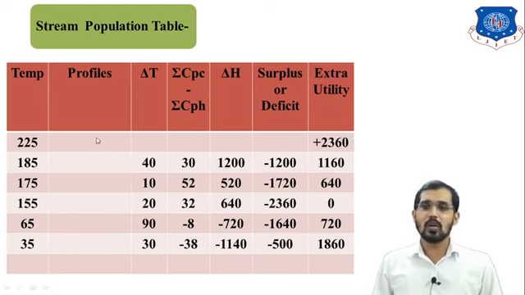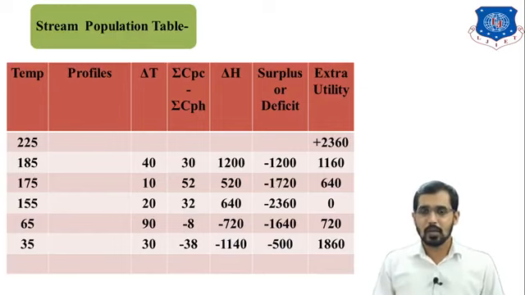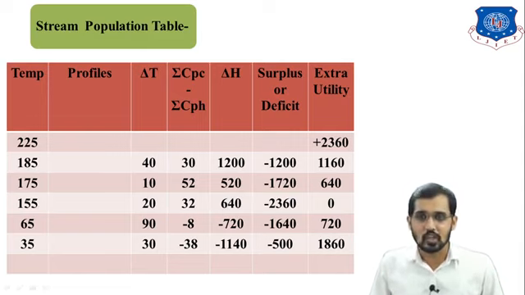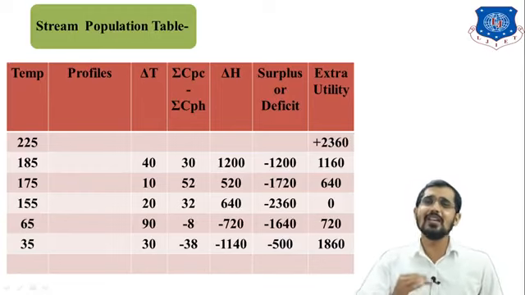But how to solve this? In the previous slide I told you how to find the shifted temperature. Now we are going to use that shifted temperature in this stream population table. You have to write down the temperature in the first column, but in decreasing order.